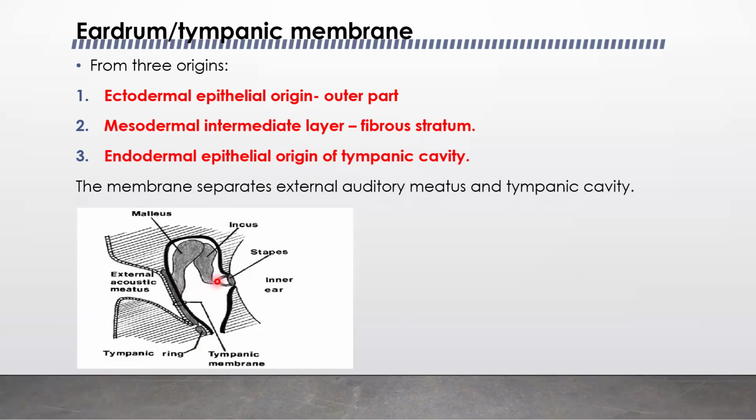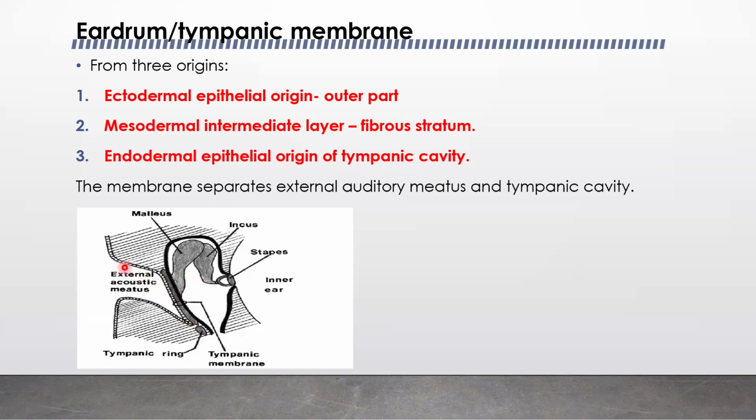Amplifying is done by the malleus, incus, and the stapes. The membrane enables, first of all, separation of the outer ear from the middle ear, and it also prevents some other structures from getting into the ear.